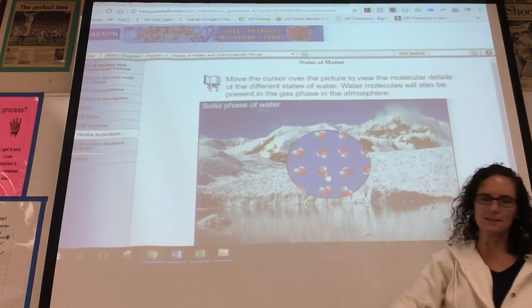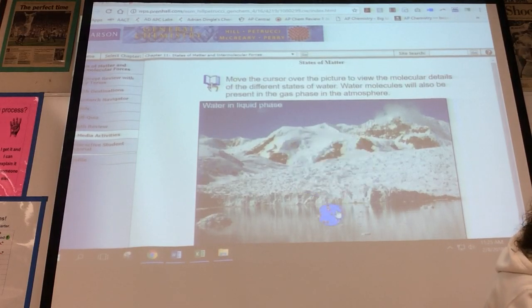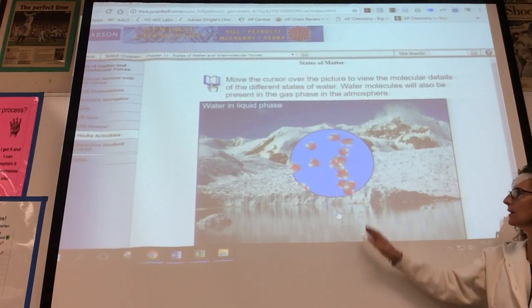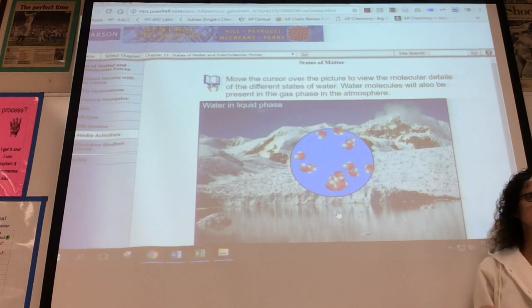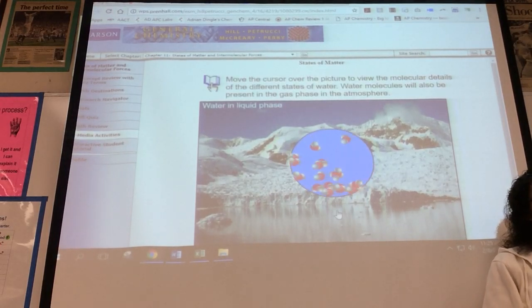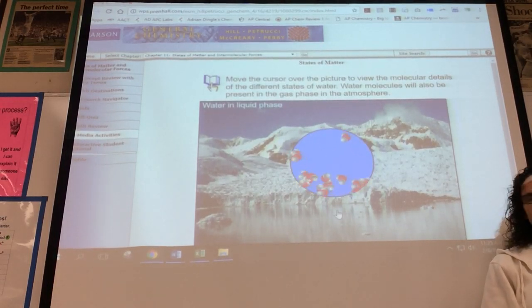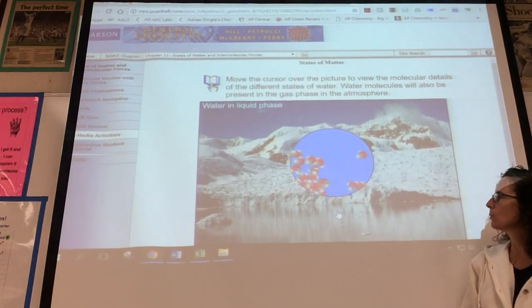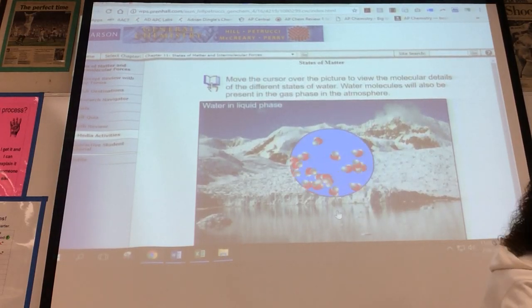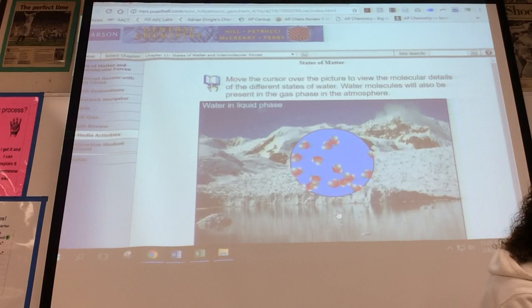So now we're going to break some of those IMFs, and we've got water in the liquid state. And now those particles are moving much faster, far less particle arrangement, much more movement. Some IMFs broken. They're not moving that quickly, so some can be reformed.